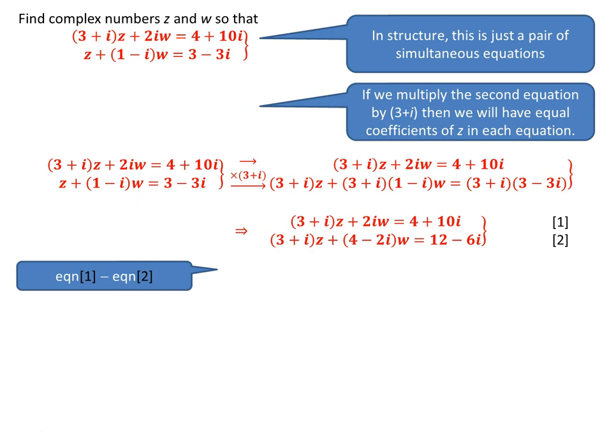So if I do equation 1 take away equation 2, I'm going to be left with 2iw take away 4 minus 2iw on the left-hand side, equals 4 plus 10i take away 12 minus 6i. Tidying that up, we've got minus 4 plus 4i times w must equal minus 8 plus 16i.